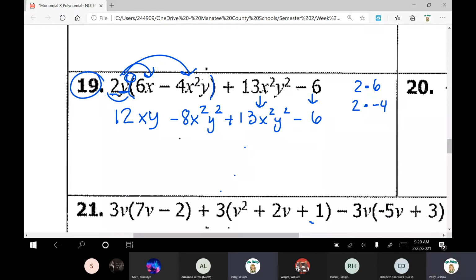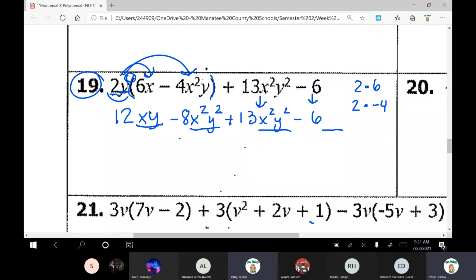Okay, so let's see what we can combine here. This family, it's xy. The variables are just xy. This family here, it's x squared, y squared. This family is x squared, y squared. This family, there's no last name, there's no variables. In order to combine them, the stuff that I underlined, the last name or the variables with the exponents, it needs to match perfectly. It needs to be exactly the same.